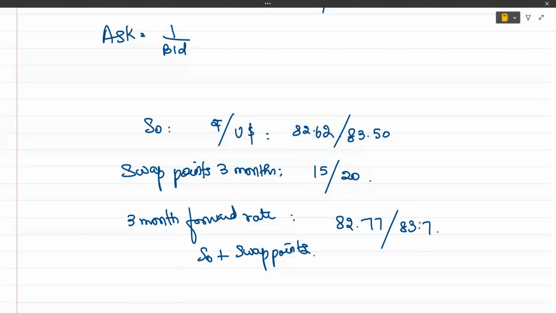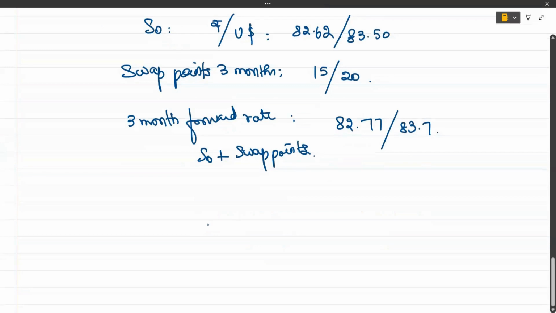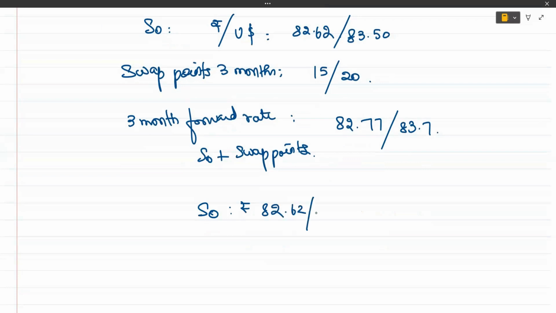So, you are adding. What if the swap points are in descending order? Suppose the spot rate is 82.62/83.50 and the swap points are 20 by 15.